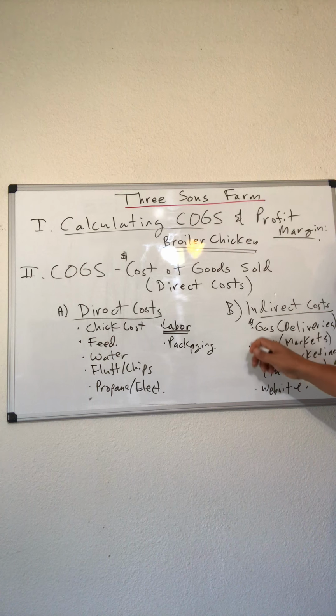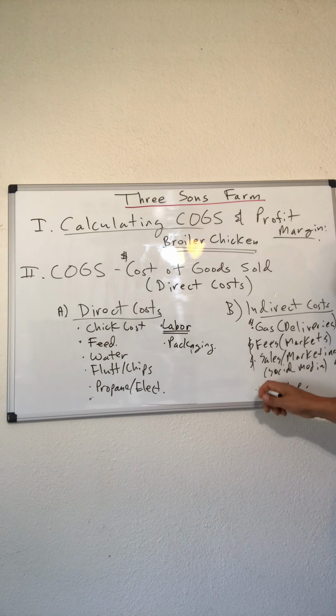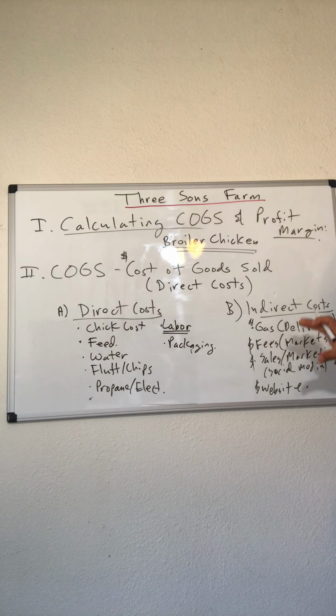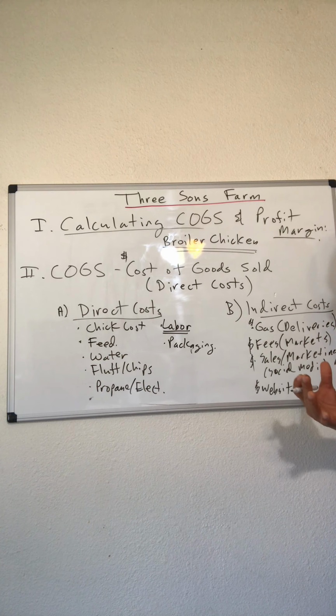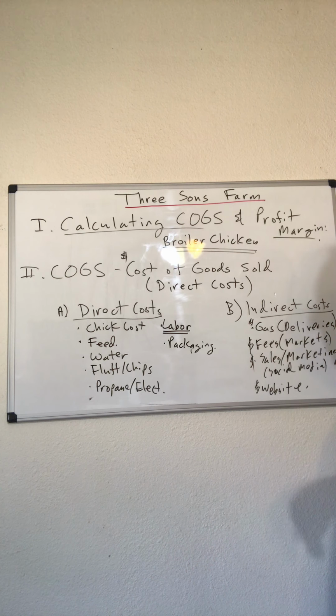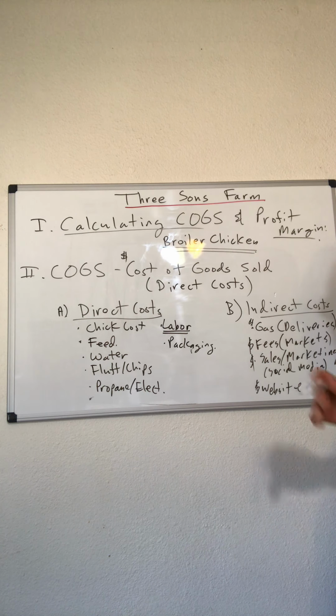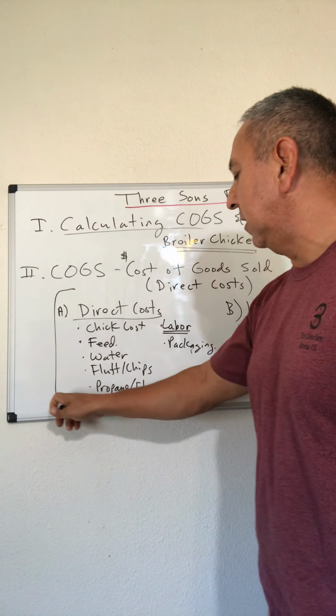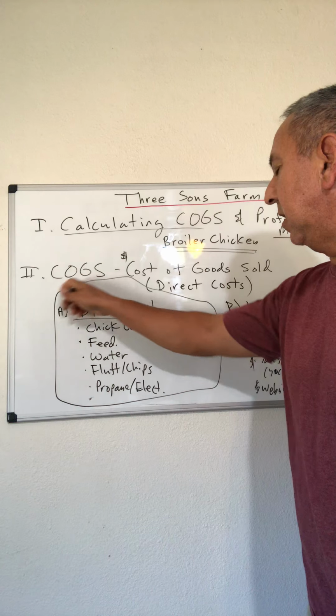They all cost money, but they're indirect because we have other things in our business. You might sell turkeys or pigs or other livestock or produce, other things. And so these indirect costs get dispersed. These will come into play later in another talk I'm going to do. But for right now, we're going to focus on the direct costs.